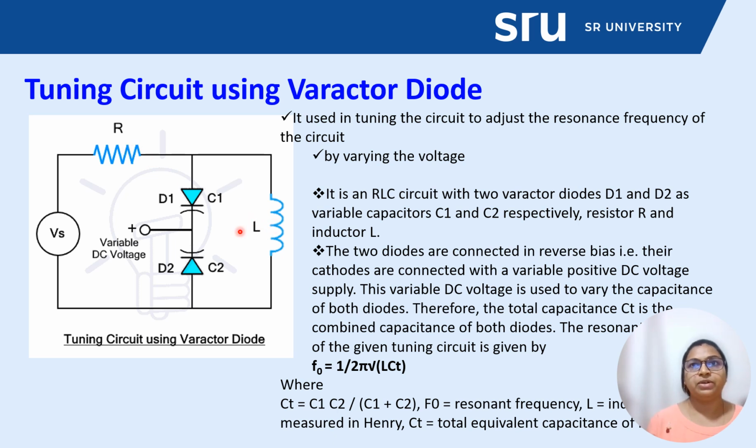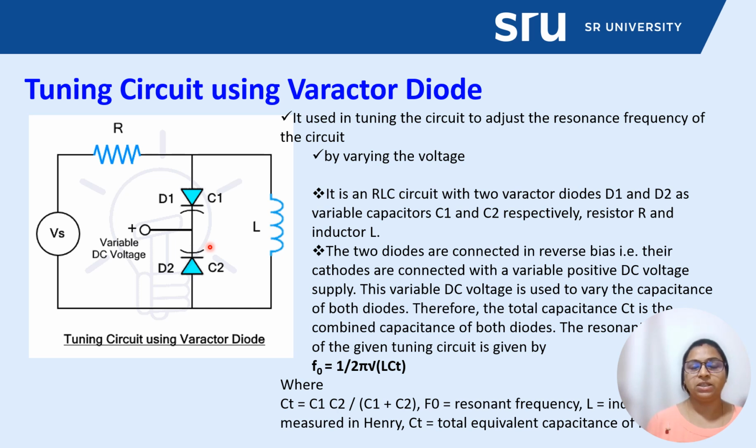The two diodes are connected in reverse bias. That is, their cathodes are connected to the variable positive DC voltage supply. The variable DC voltage is used to vary the capacitance of both diodes. Therefore, the total capacitance, if we define it as CT, is basically the combined capacitance of both the diodes.